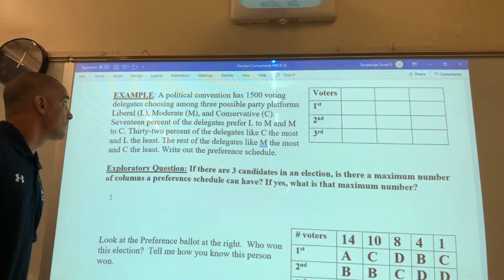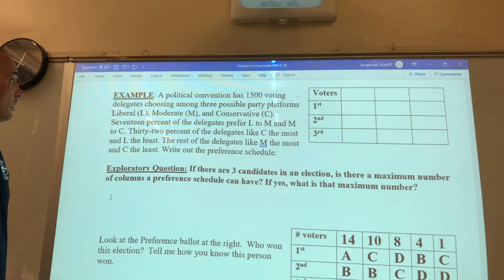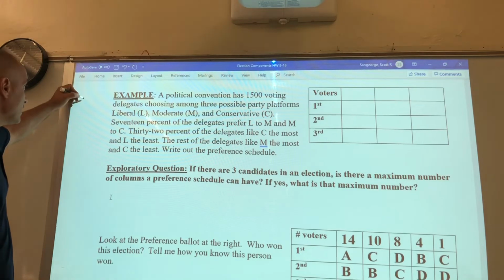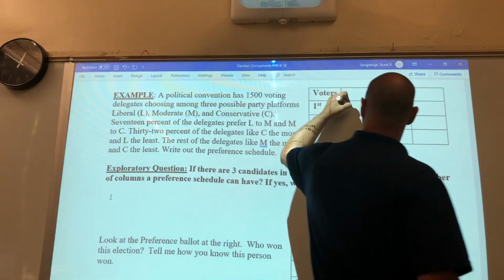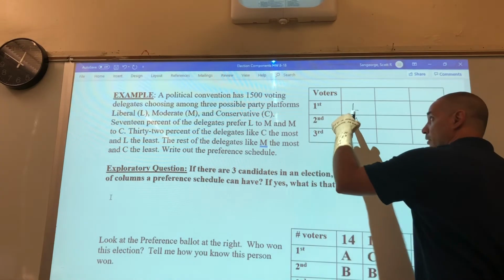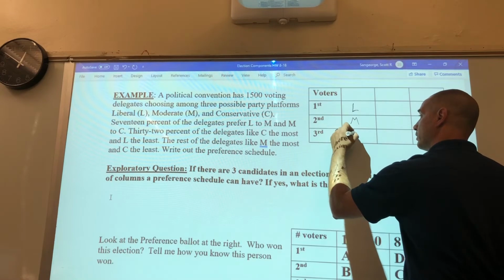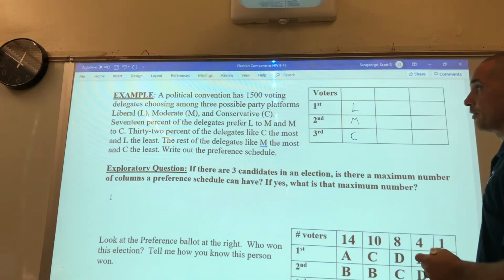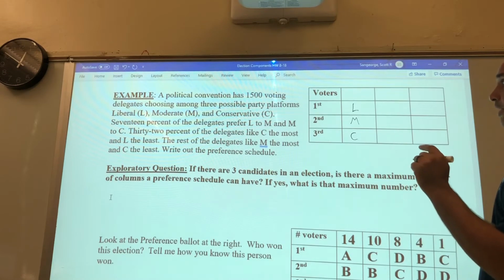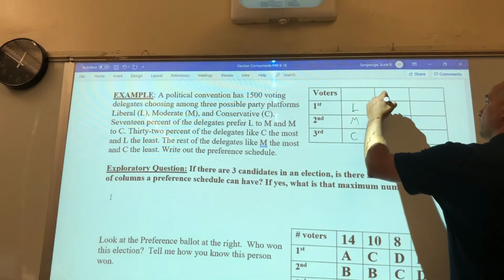Okay, here is an example. A political convention has 1,500 voting delegates choosing among 3 possible party platforms: liberal, moderate, and conservative. 17% of the delegates prefer L to M, and M to C. That means they prefer L to M, and they prefer M to C, so they prefer moderate to conservative. 32% of the delegates like C the most and L the least.